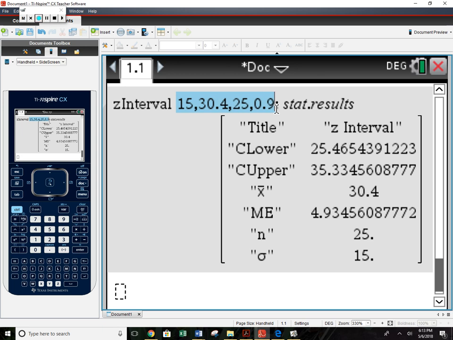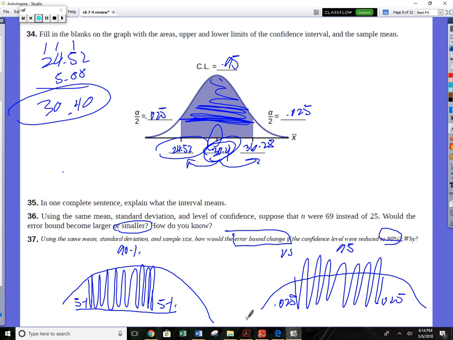And if you're going to loosen your confidence level, that's going to tighten everything else. So this one, with 90% confidence, I've got a tighter window here. 95%, it's just a little bit wider.